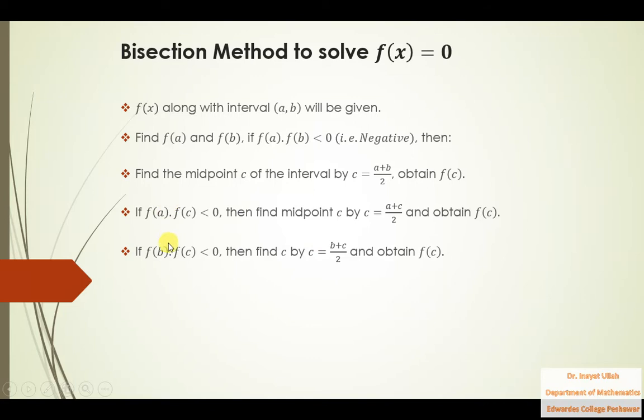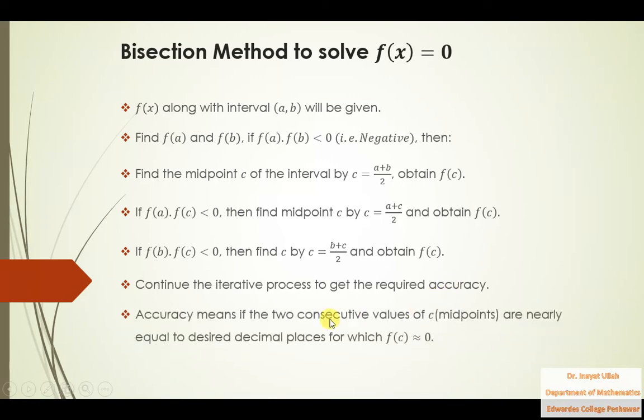So we will observe these two products and note the sign of the product. We will continue the iterative process to get the required accuracy. What does it mean?